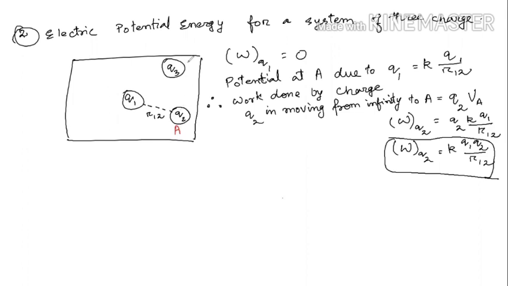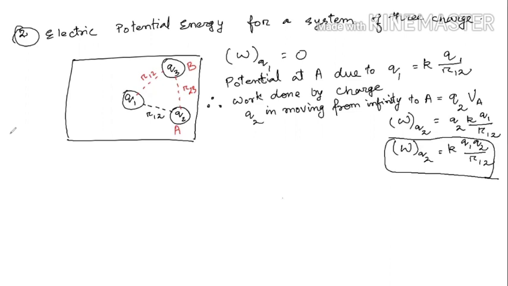If I bring this charge Q3 to a point B, then this point B will have potential due to charge Q1 and also due to charge Q2. Let's assume the distance between Q1 and Q3 is R13, and between Q2 and Q3 is R23. So you will have a potential at B due to both charges, because of which you will have work done.